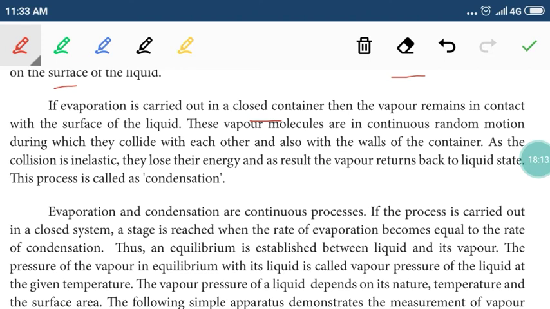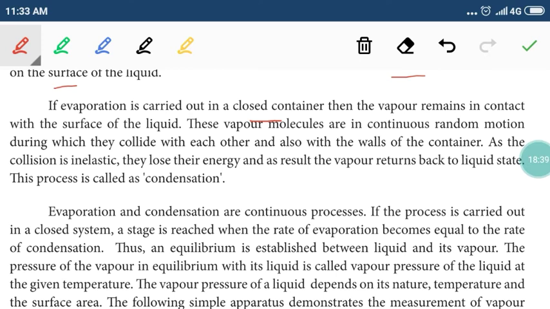They are moving here and there randomly. So there will be many collisions between the water molecules, or between the water molecules and the wall of the container. All the water molecules will collide with each other and the wall of the container. Thereby they lose their energy. So when energy is lost, it becomes liquid again. The process is called the condensation process.